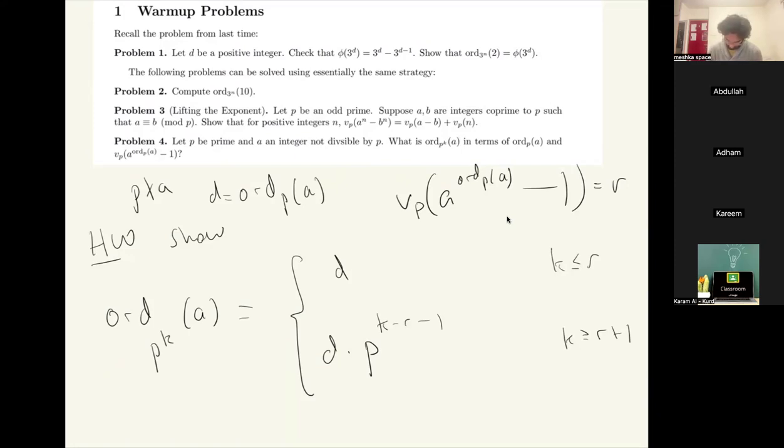Is it plus 1, minus 1, is it 0? Right, so when K is R, it's D. So maybe just like this is what it is. Maybe like this. Okay, does it make sense what I wrote, or should I explain why this is the case?